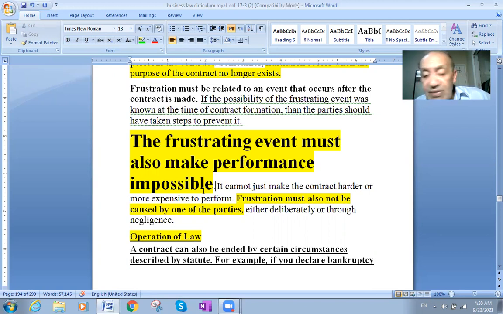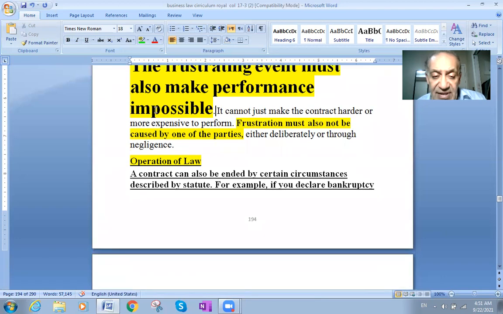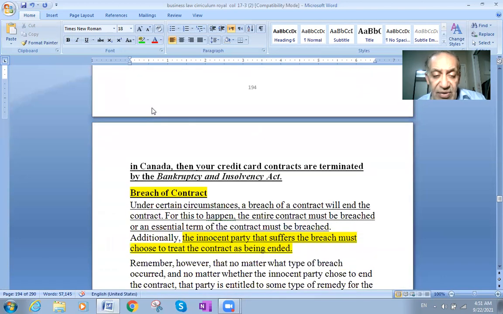After you sign the contract, a huge hurricane happens in this area and spoils the nature of the soil, and it cannot carry 10 floors or 15 floors, whatever the contract says. So it became impossible. So no way. Knowing this, a frustration can end the contract in this way.